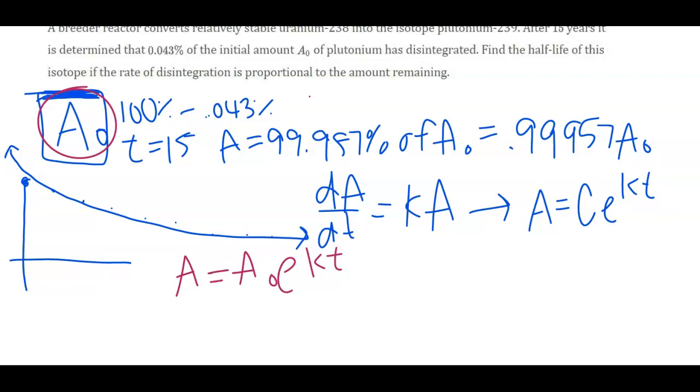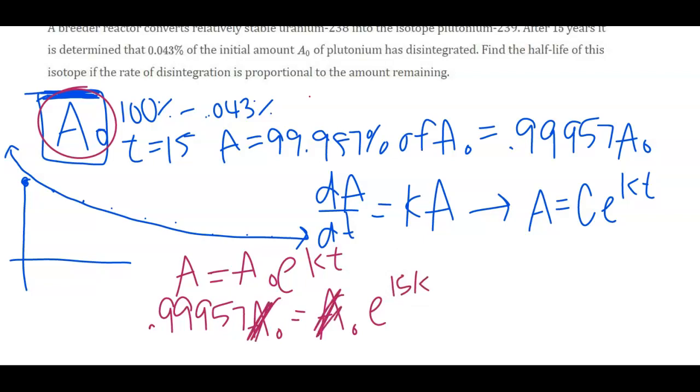Now I do know that 0.99957 A naught is equal to A naught times e to the 15k. If I solve this for k, I end up with k equal to 1/15 times the natural log of 0.99957.